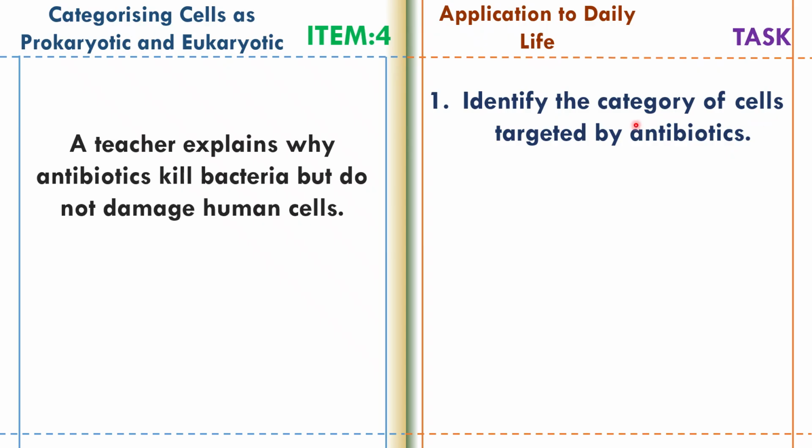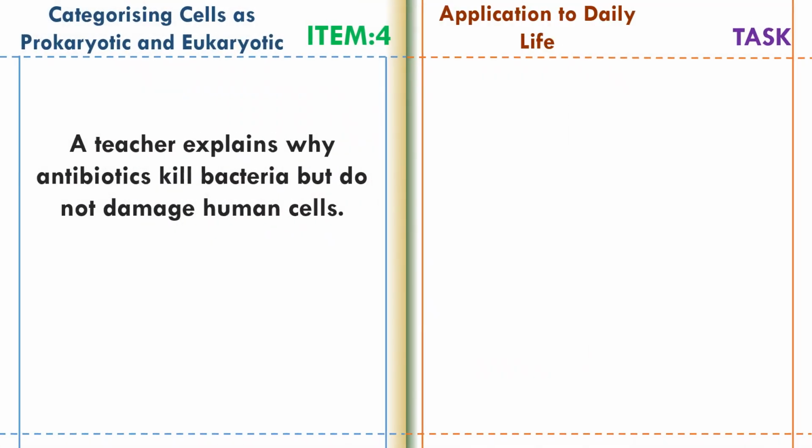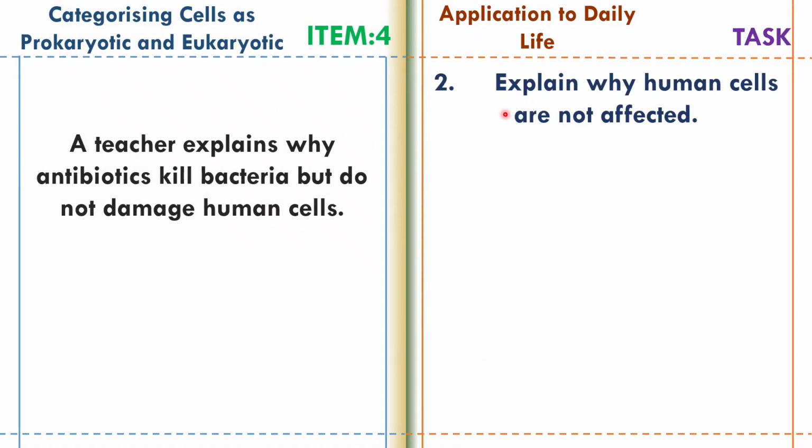Identify the category of cells targeted by antibiotics. Antibiotics target prokaryotic cells. Explain why human cells are not affected.